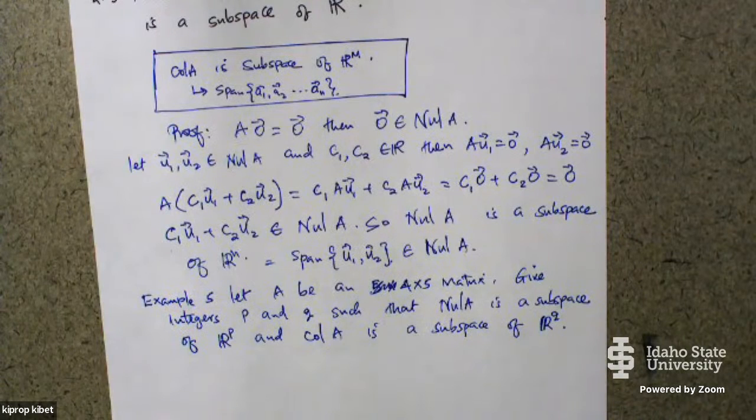For the null space of A, we say the null space of A is a subspace of Rn, right?